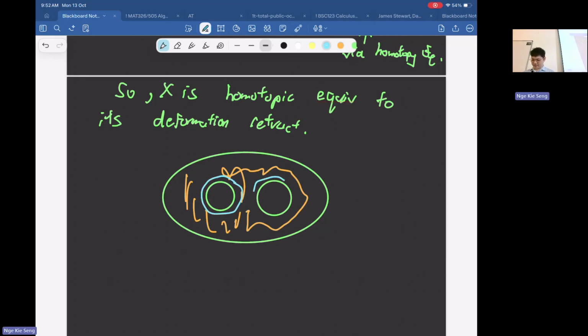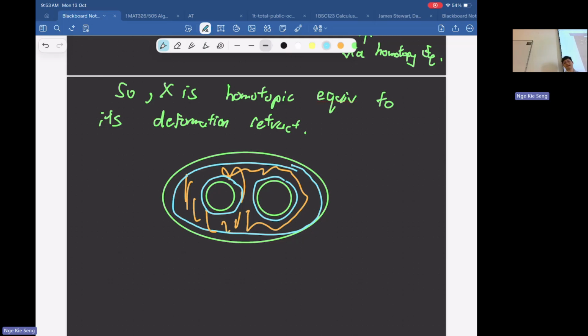You mean this boundary, this boundary like that? But then there's no homotopy to this boundary.